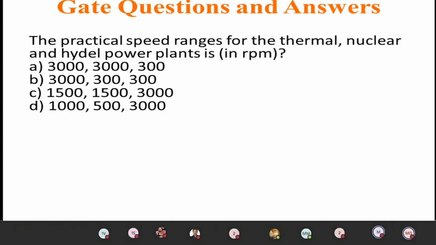Simple logic: hydro power plant is very slow, so choose the third one with low RPM. So A and B remain as the choices.